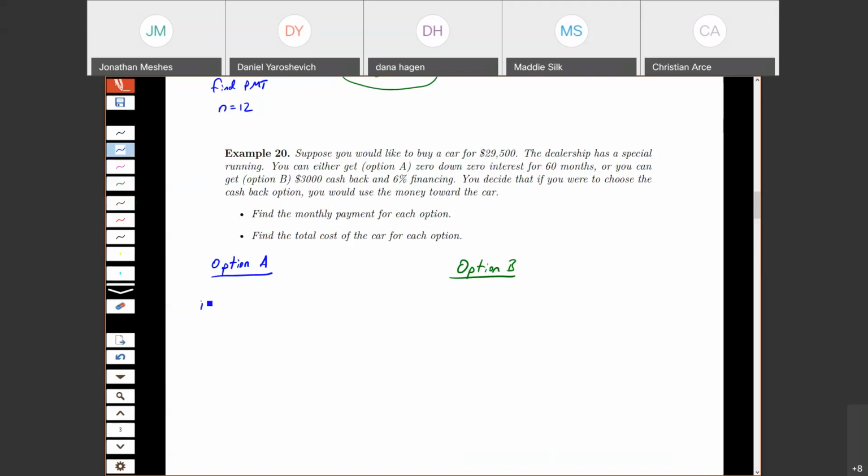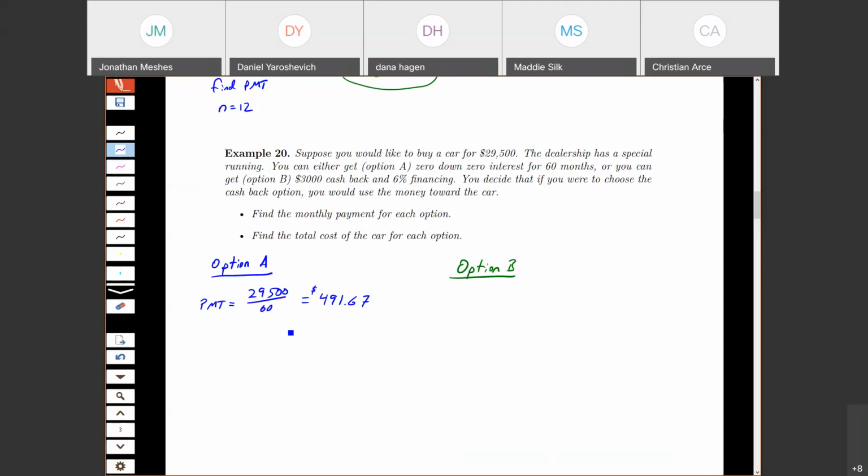So here my payment is going to be 29,500 divided by 60, which gives $491.67. So that's my monthly payment.